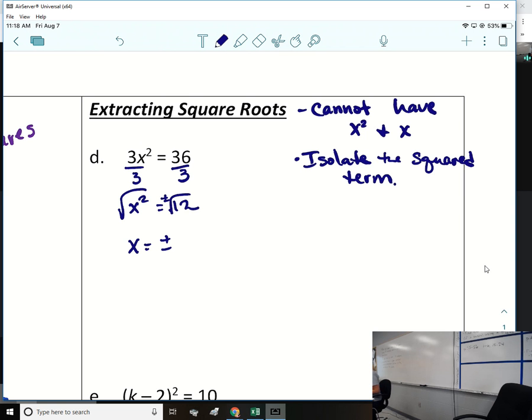All right, so we need to reduce or simplify the square root of 12. Now, you guys did this yesterday, so I'm going to have you all do that on your own.